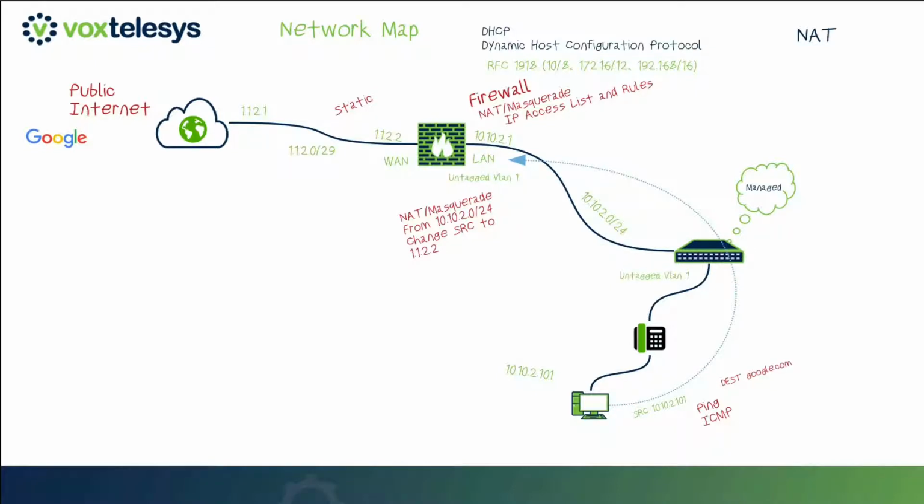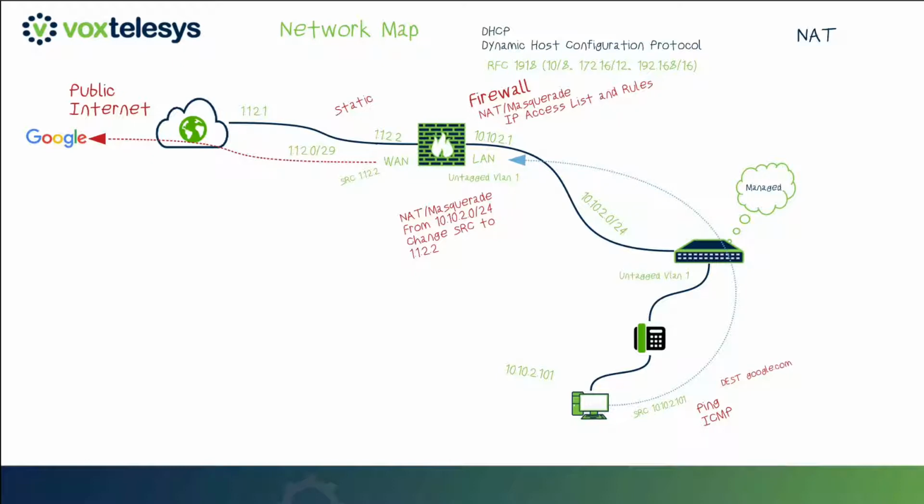And it's going to say, oh, I know how to get to that IP address. Now remember, host names don't route, only IPs do. So when I ping the destination of google.com, it's going to translate that into a publicly accessible IP address. The firewall then says, okay, I'm going to convert the source from 10.10.2.101 to 1.1.2.2.